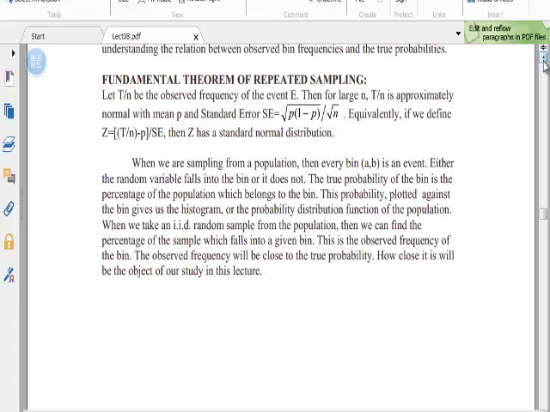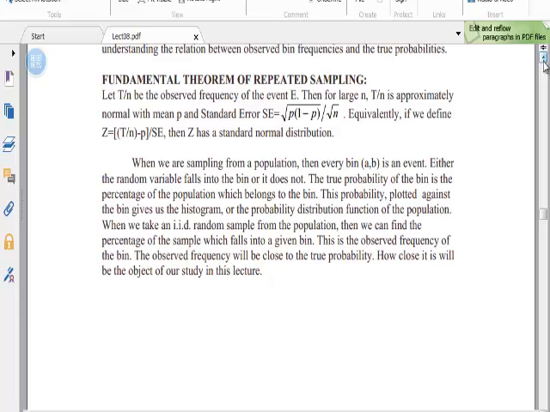So we just put P as our unknown true probability, and then we do calculations about T over N, which is the observed frequency of the event. T is the 65 patients recovered, and N is 100.